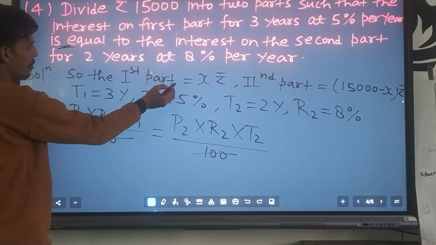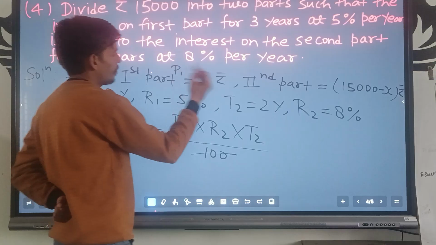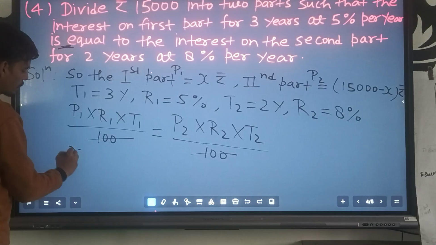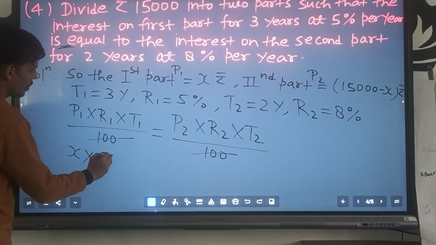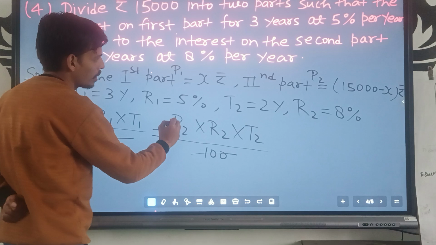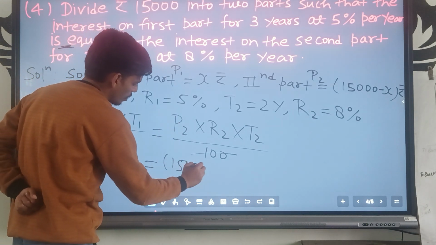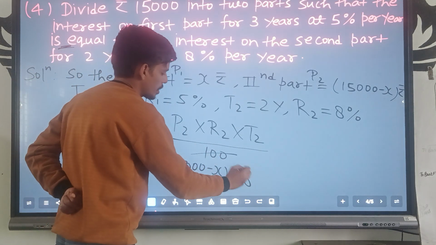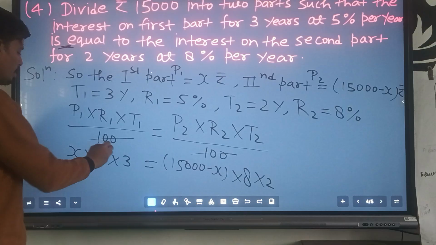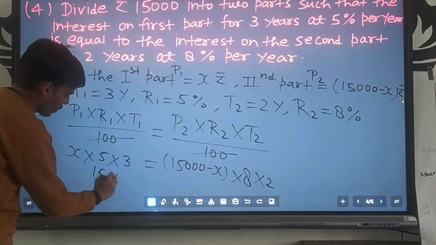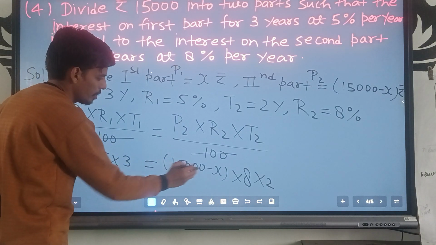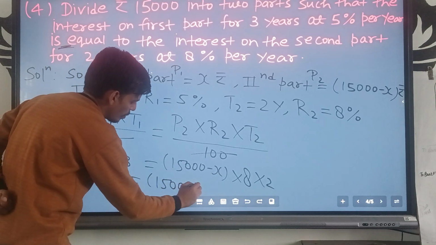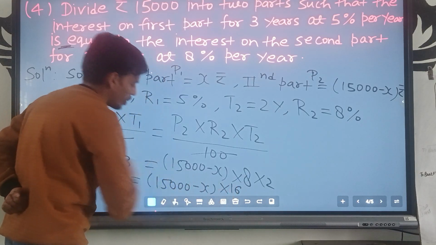The first part is P1 equal to x, and the second principal is P2. The value of P1 is x, first rate 5 and first time 3, equals the second principal 15,000 minus x into the second rate, 8, and the second time, 2. Now 5 3s are 15x equals 8 2s are 16 into 15,000 minus x.